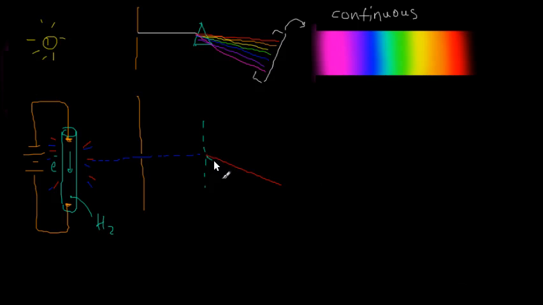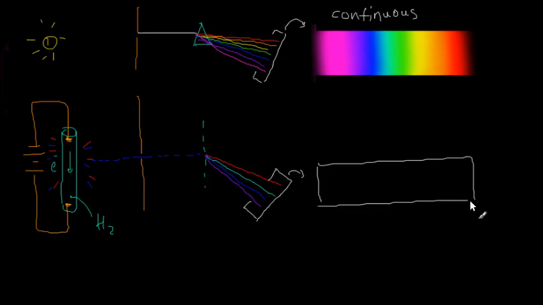There would be this color. There would be another color, and there would be this color. So you would actually see 4 colors if you allow them to fall on a piece of white paper. Okay, so let me draw this spectrum. So a magnified view of this.